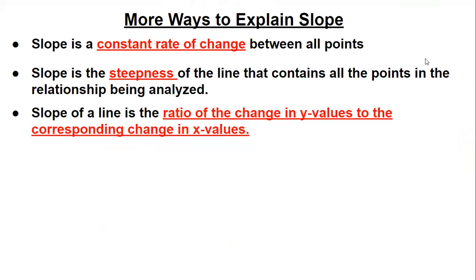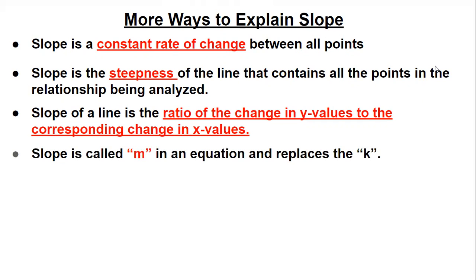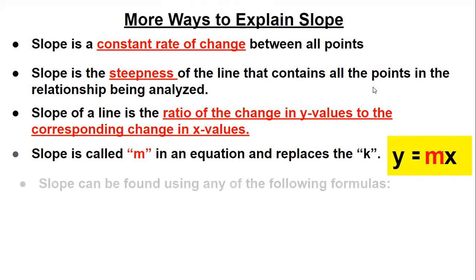Slope of a line is the ratio of the change in y values to the corresponding change in x values. Slope is called m in the equation, and it replaces the letter k. So y = kx now becomes y = mx. And from now on, we're going to be referring to it as m.